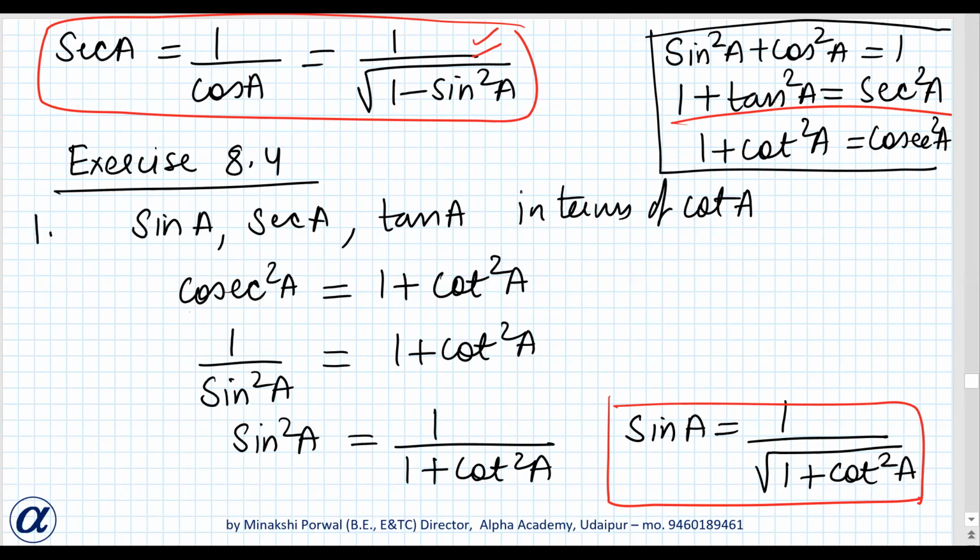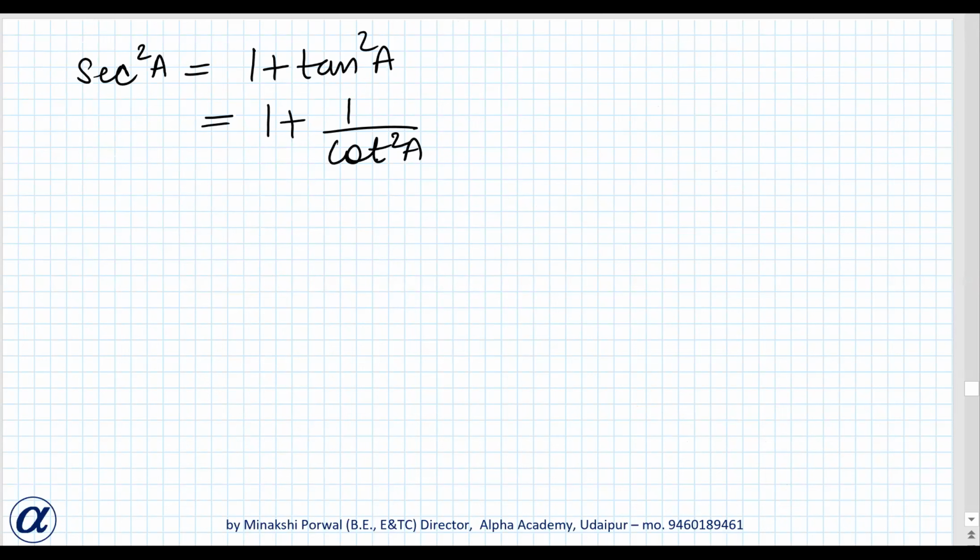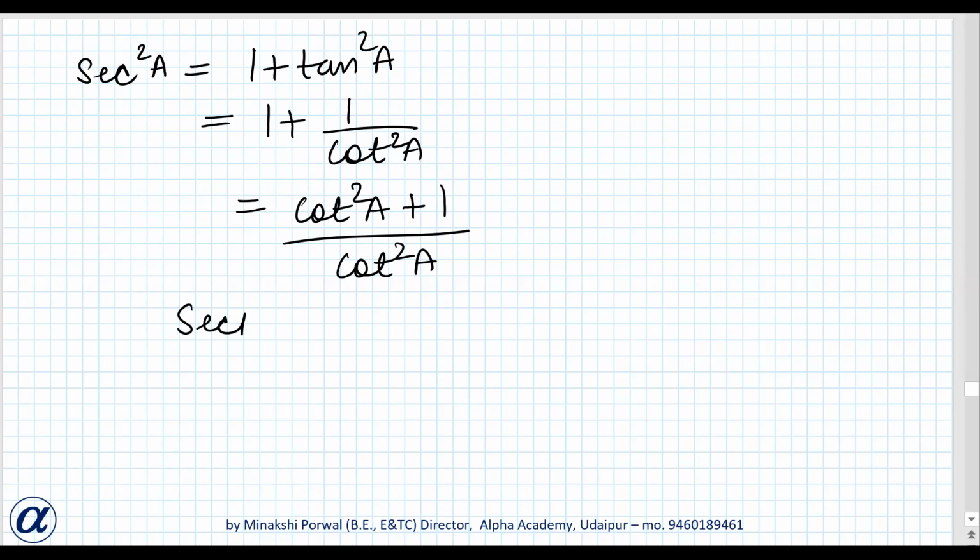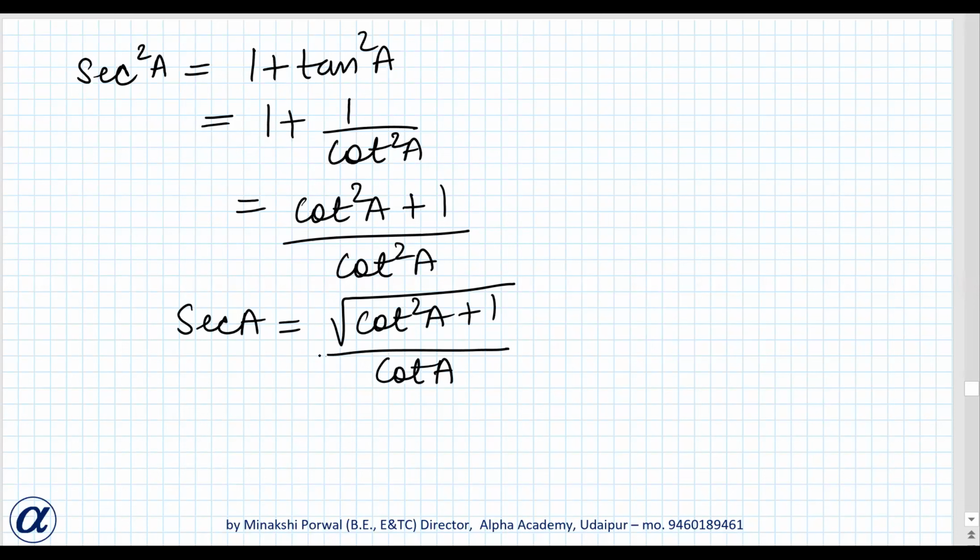Tan is the reciprocal of cot, so I am writing sec square A equals 1 plus tan square A. I have to convert tan in terms of cot, so I am writing tan square A is 1 upon cot square A, or this can be written as cot square A plus 1 upon cot square A, or sec A can be written as under root of cot square A plus 1 upon under root of cot square A, which is cot A only. So this is sec in terms of cot.